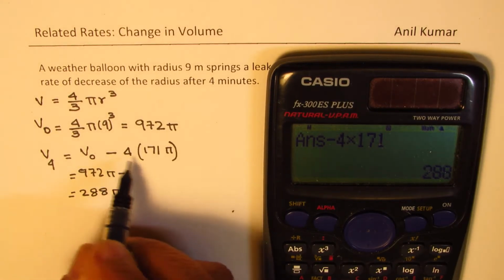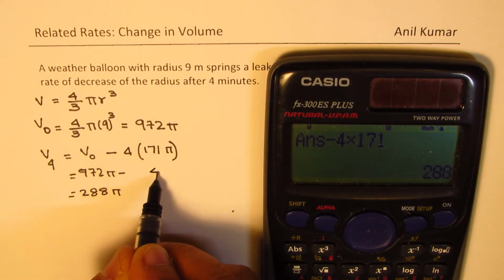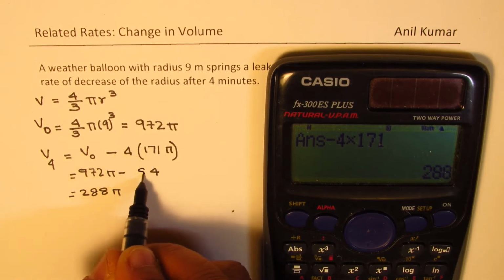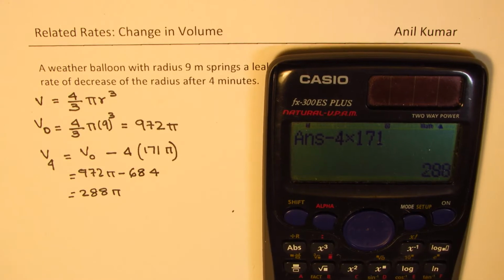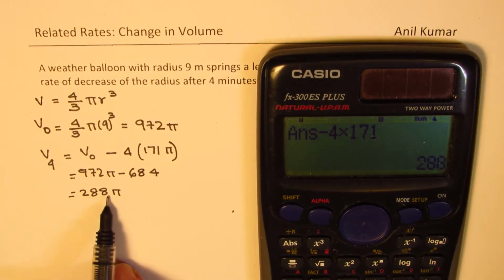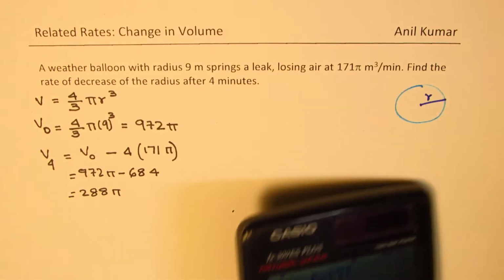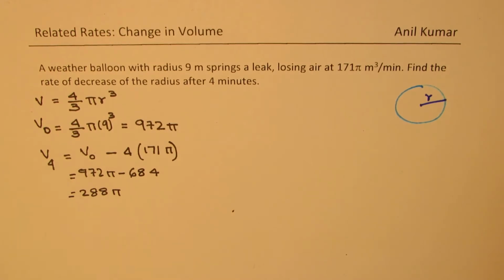So we just took away from it, 4 times 171 is 684. So when we did this, what we got was 288 pi. So that is the volume after 4 minutes, right?